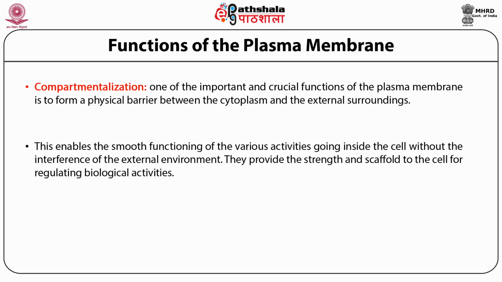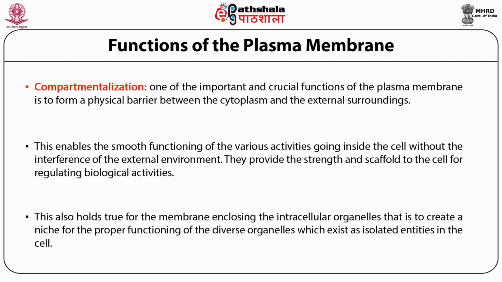They provide the strength and scaffold to the cell for regulating biological activities. This also holds true for the membrane enclosing the intracellular organelles, that is, to create a niche for proper functioning of the diverse organelles which exist as isolated entities in the cell.